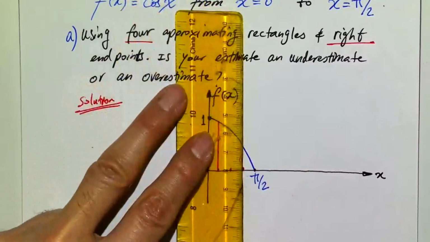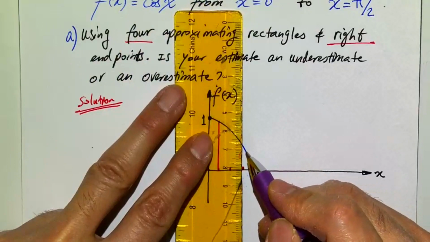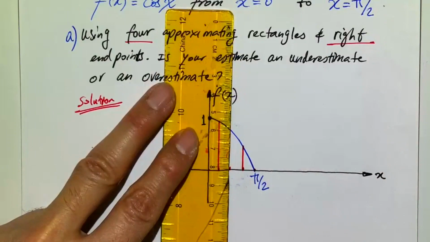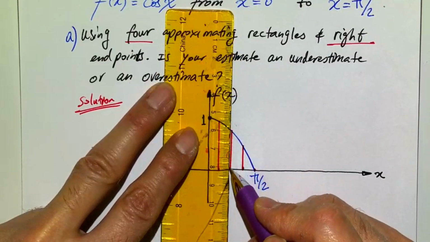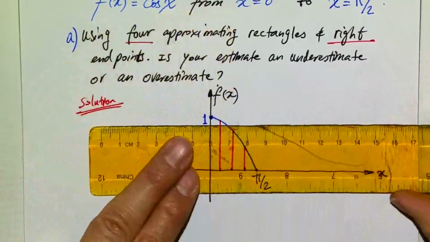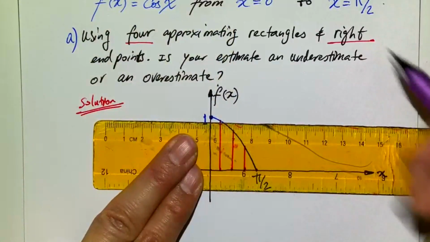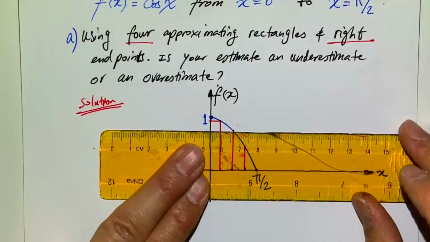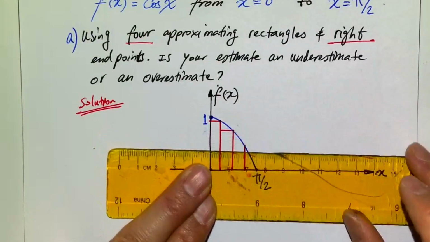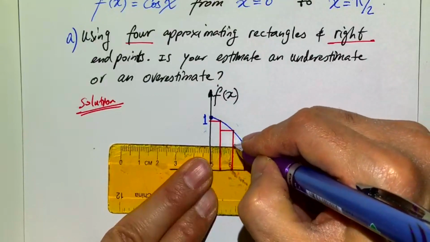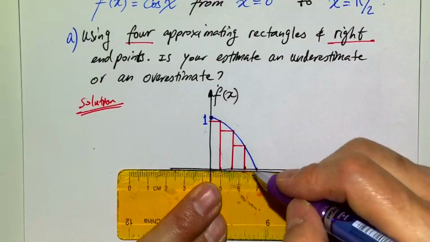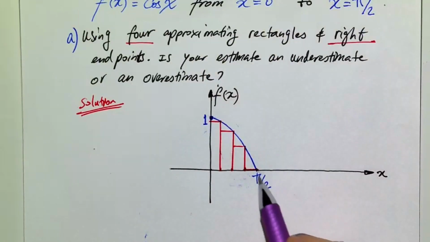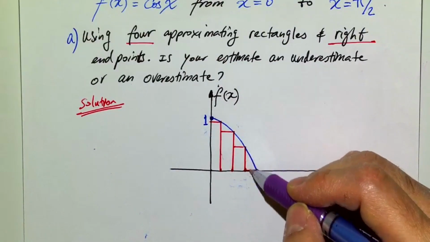Let me draw that here. Hopefully the ink doesn't smear on the paper, or at least not that bad. And like that. Okay. So we're doing this. The right side is on the curve, right? Like that. Like that. And like that. And of course, that last one, it's going to have 0 area, but it's there. So we're not going to capture this piece.